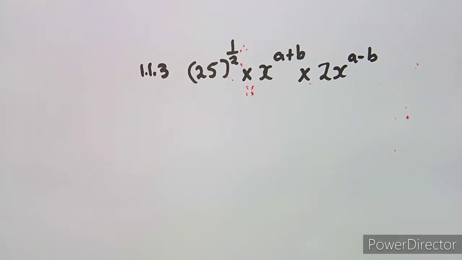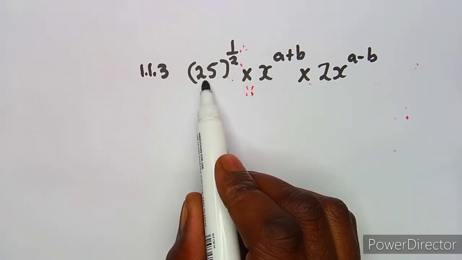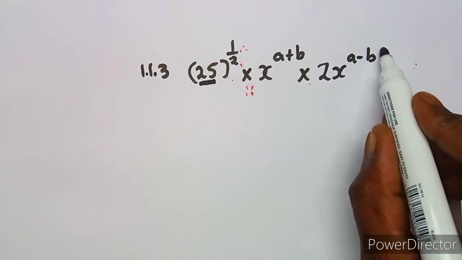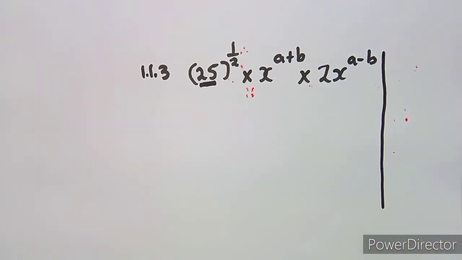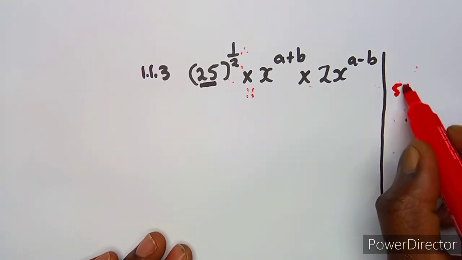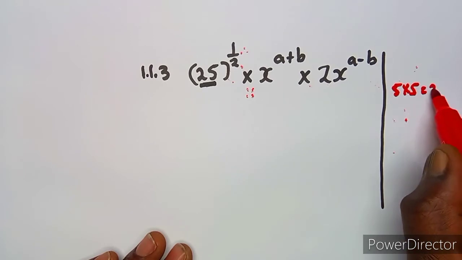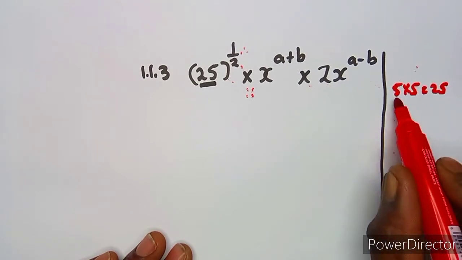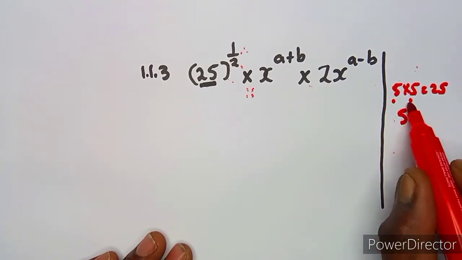If we cross-check here, since we are not using a calculator, let's try and simplify this 25 here. What can we obtain from 25? We know two numbers that can be multiplied, which are 5 and 5. 5 times 5, that is 25. So 5 times 5 actually means 5 squared.